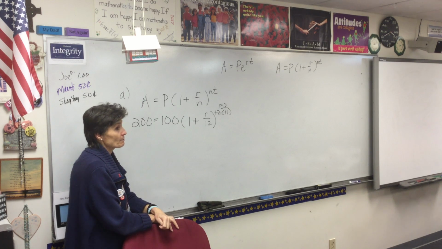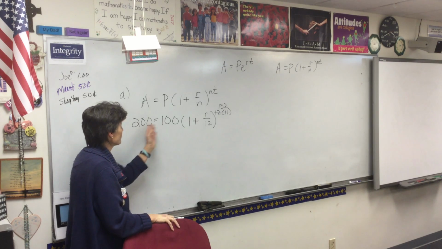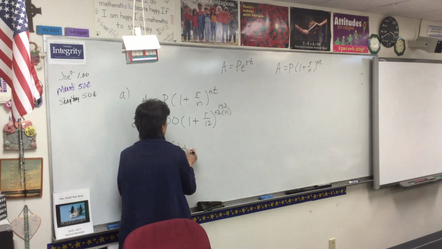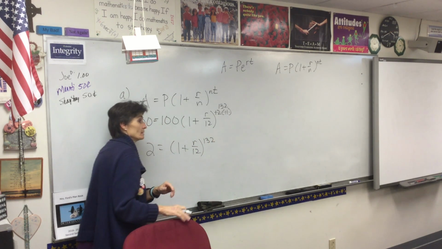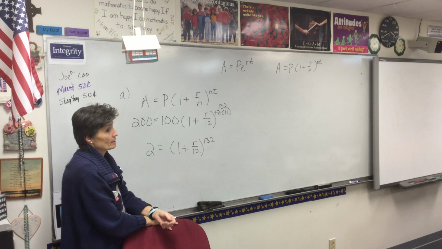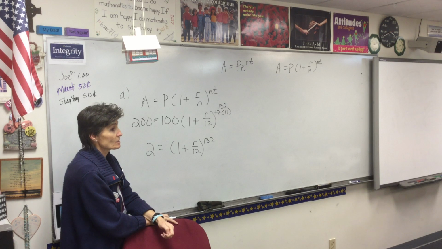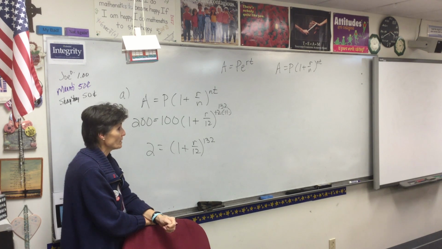Divide by 100, absolutely. And no matter what numbers you started with, when you do the division, you're always going to get 2, right? Now somebody is going to use logarithms on this problem, and it's going to be a very bad move. You can take the log of both sides, but you don't want to.